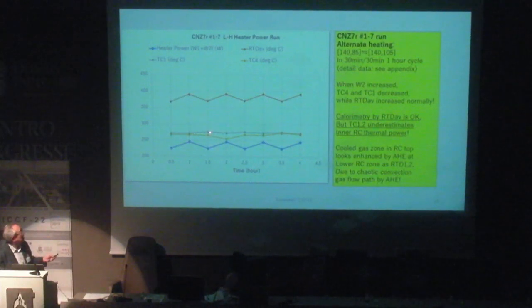This is very strange, a contradiction. However, the average temperature inside the reaction chamber goes very normally, reflecting this change. So we found the calorimetry using the average RC temperature is very reliable. However, the oil outlet temperature might sometimes have problems because of this turbulence effect. So this is a kind of finding.